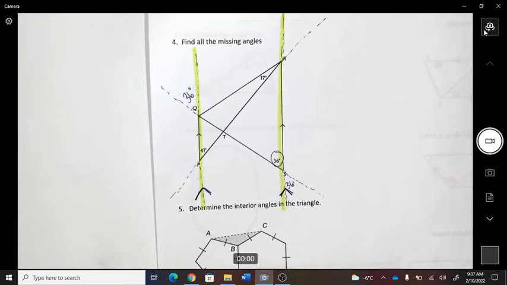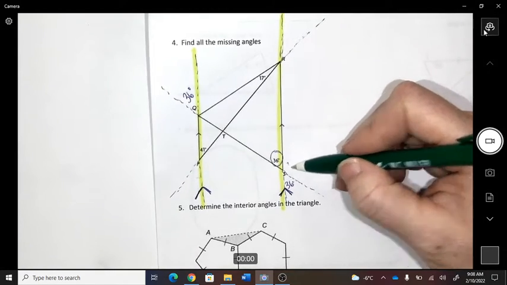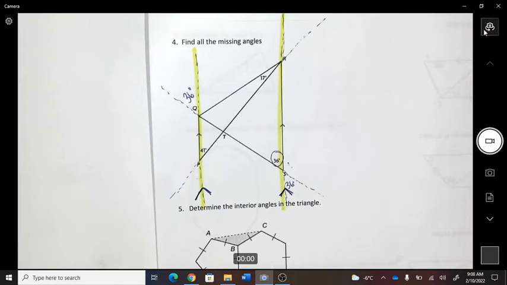What else could we do here? Can you get me this angle? Because this would make 180, right? So you can give a number on that.